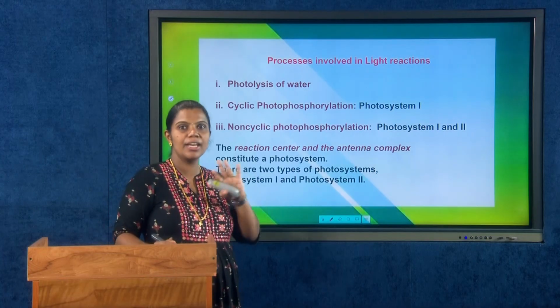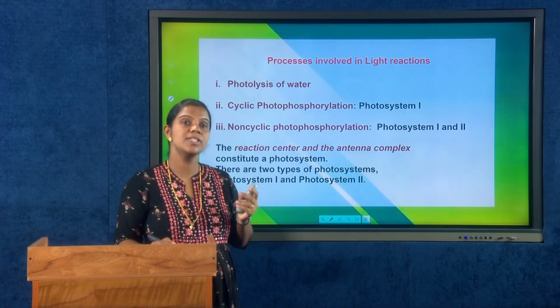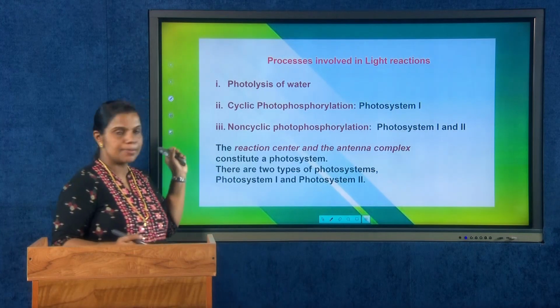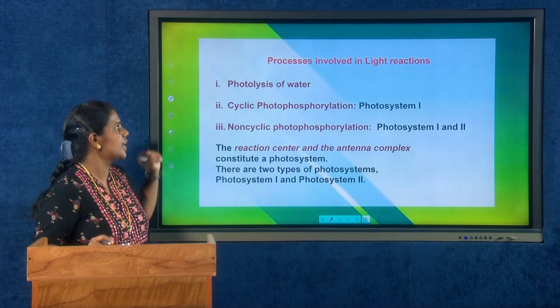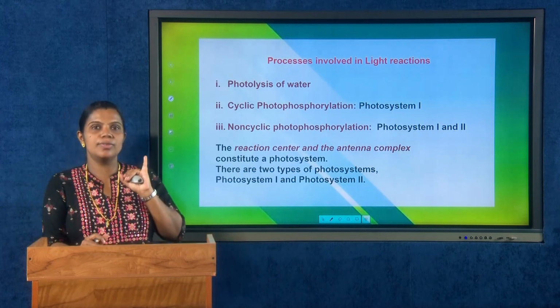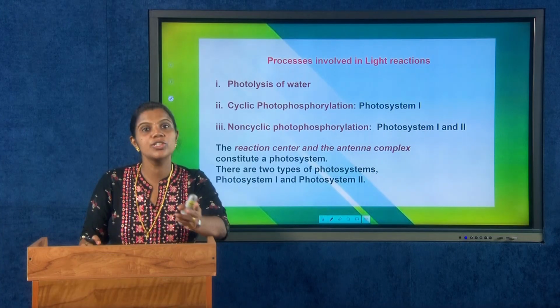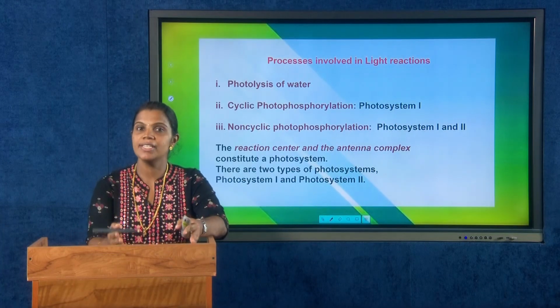Before that, let us see what are the different processes involved in light reactions. I have already mentioned it before, but again let us consolidate it. One of the processes is the photolysis of water, that is the oxidation of water. What is happening there?